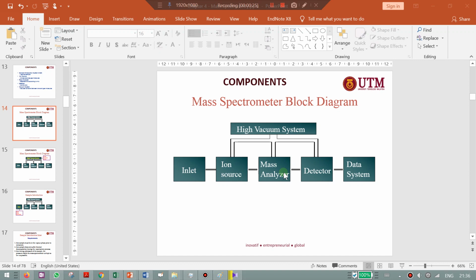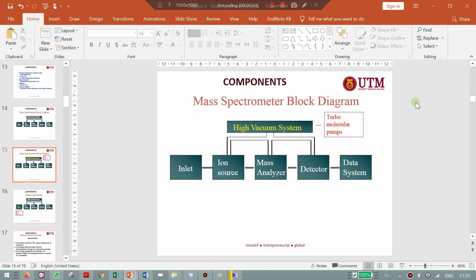We want to remove all the radicals, the ions without charge. We have the detector for detection and the data system for displaying. We also have the high vacuum system for our system to work properly. Without it, it's actually impossible for us to perform mass spectrometry analysis.